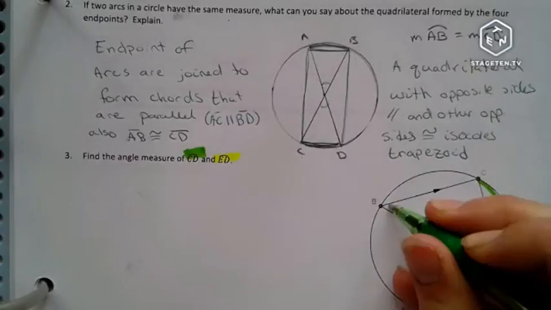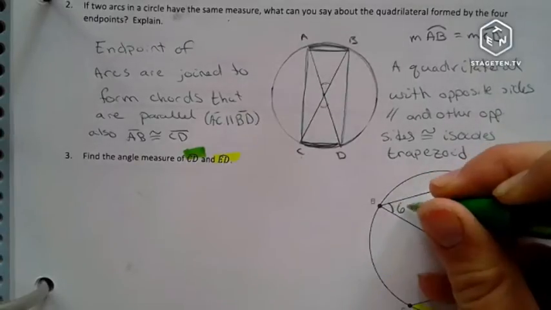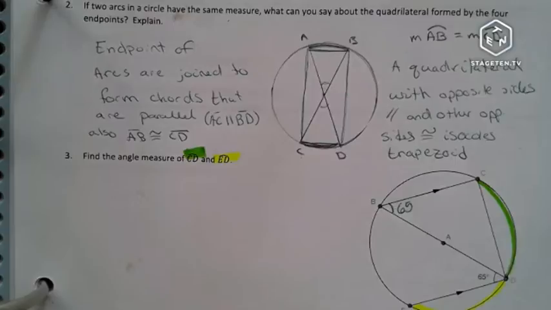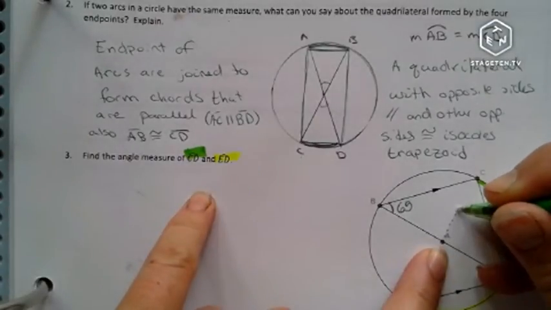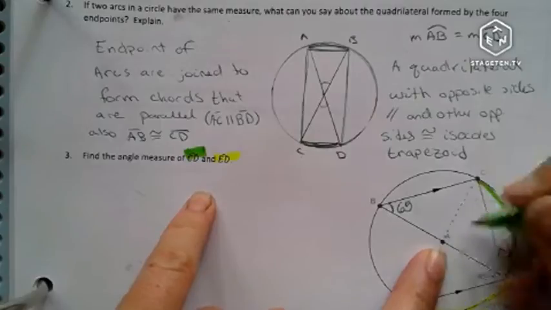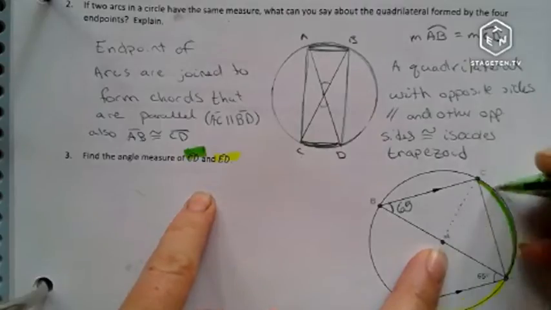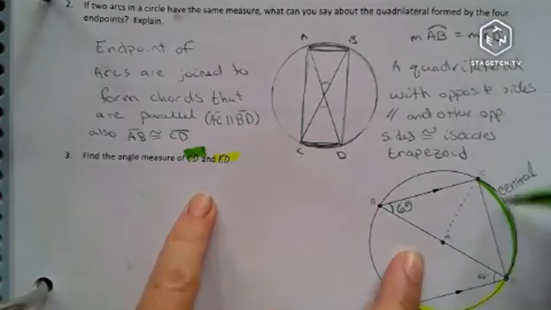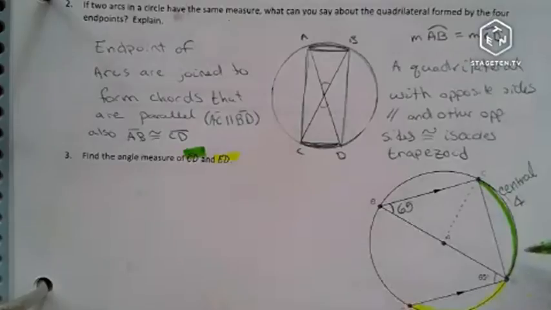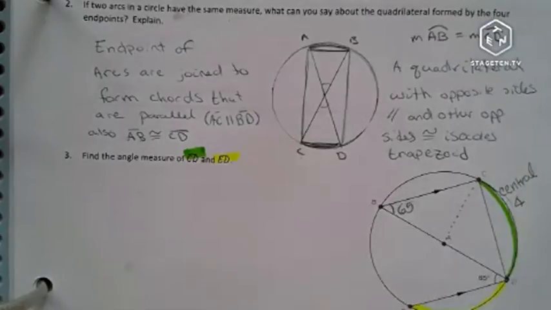Measure of angle. Well, I guess the other way to look at it, I'm looking at something wrong here, but we know that this arc is 130 degrees. I think I might have got these backwards.